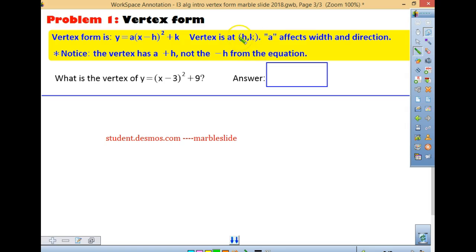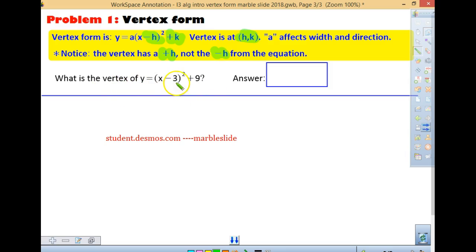The vertex will be (h, k). Now notice that this is a minus h when we have h, and this is a plus k to get the k. The a affects the width and direction. So again, the vertex has a plus h, not a minus h in our equation.